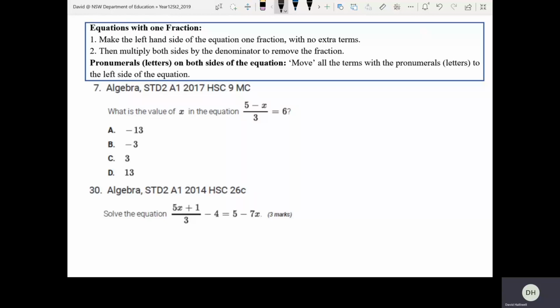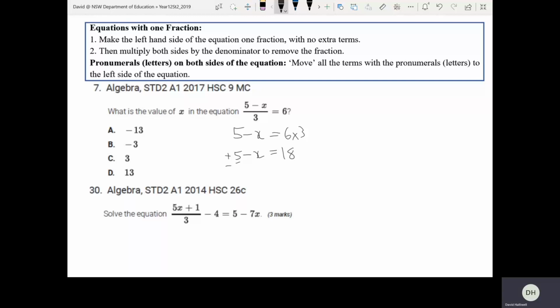Okay, let's do a question. So what's the value of x here? So first step, I'd times by 3 both sides. So 6 times, so timesing by 3 on the left will remove that over 3, and timesing by 3 over here would make that 18. Now, in order to remove this 5, remember it's +5, same thing.